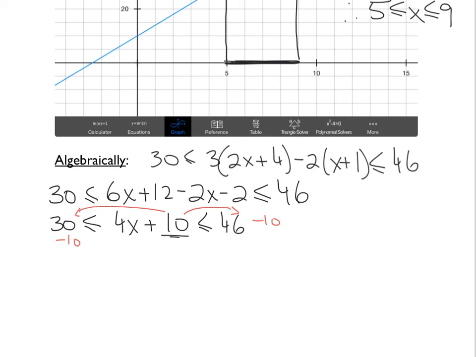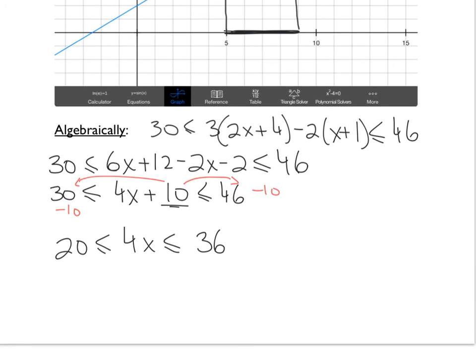Okay, so that gives us 20 is less than 4x, which is less than 36. And now we need to do the same thing with dividing by 4. So we're going to divide both sides by 4. So 20 divided by 4 will give you 5. And 36 divided by 4 will give you 9, which is what we got above.